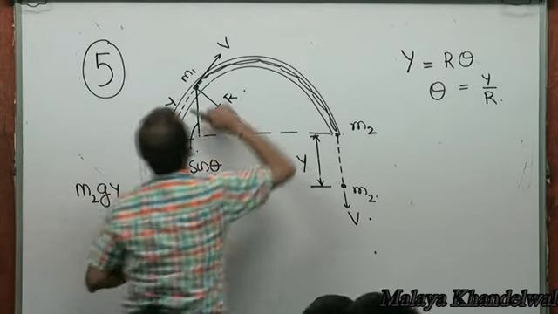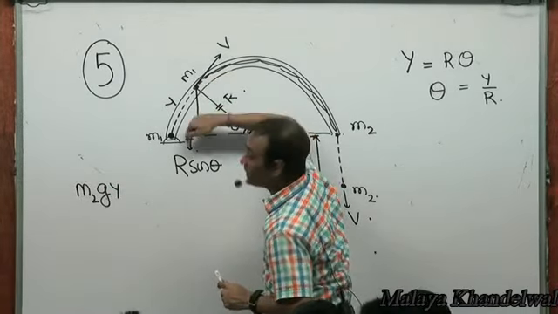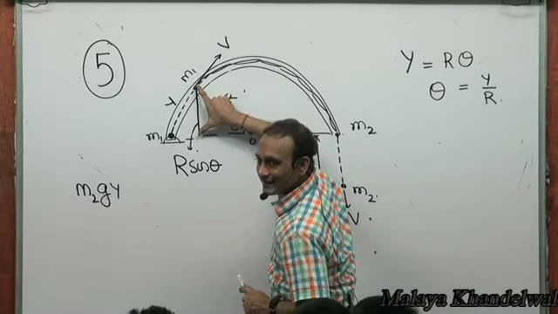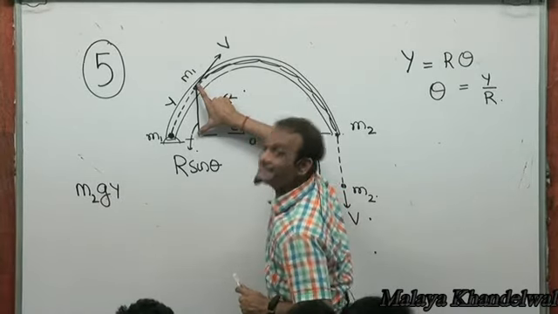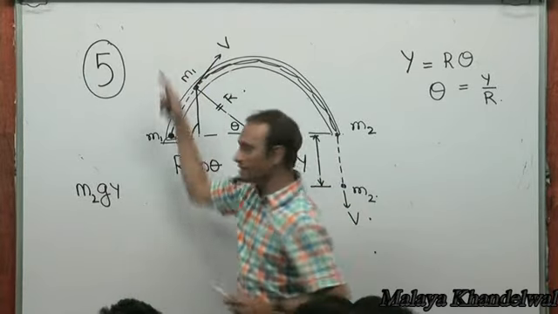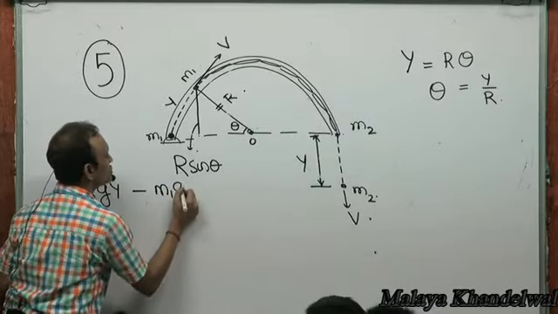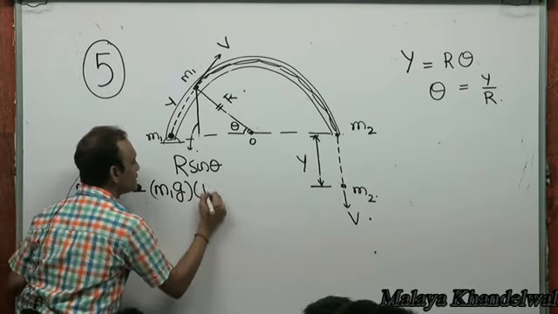Right? For m1, mg is acting downwards, and between this state and this state, it has an upward displacement r sine theta. So work done by gravity is negative here because gravity is acting downwards and displacement is upwards. So work done by gravity is going to be minus m1g into r sine theta.